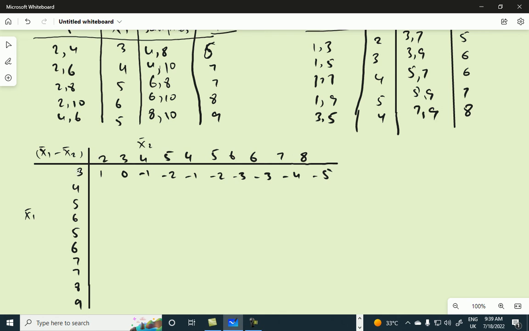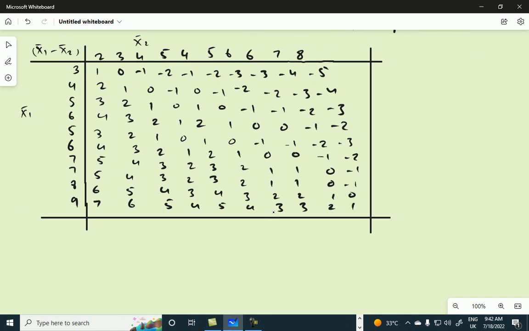Now, follow the same process, subtracting all these sample means from the second x1 bar. So, this is 2, 1, 0, minus 1, 0, minus 1, minus 2, minus 2, minus 3, minus 4. In this way, you have to complete the entire table.